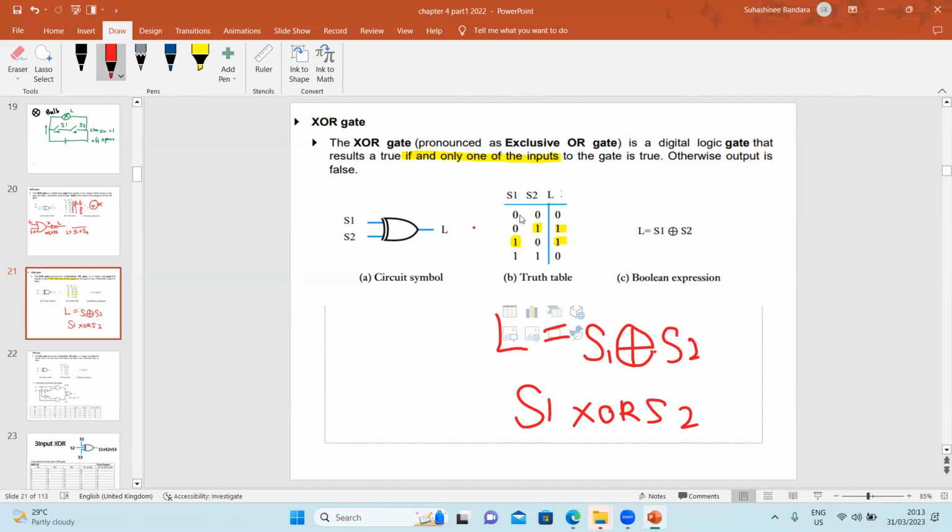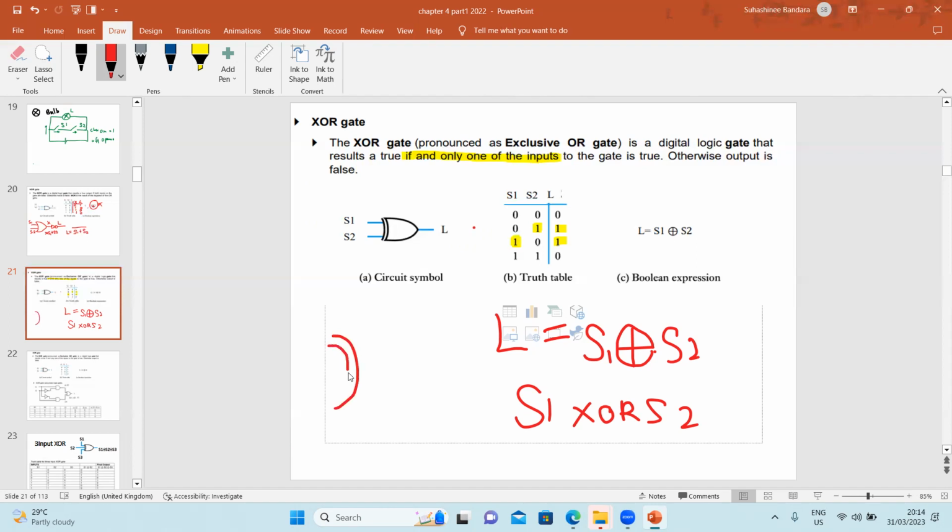Now you can copy: 0 and 0 means equal, 1 and 1 means equal. If there are equals, or if there are unequal things, that means only if and only one input is true, output will be on. So this is the way how we draw it.